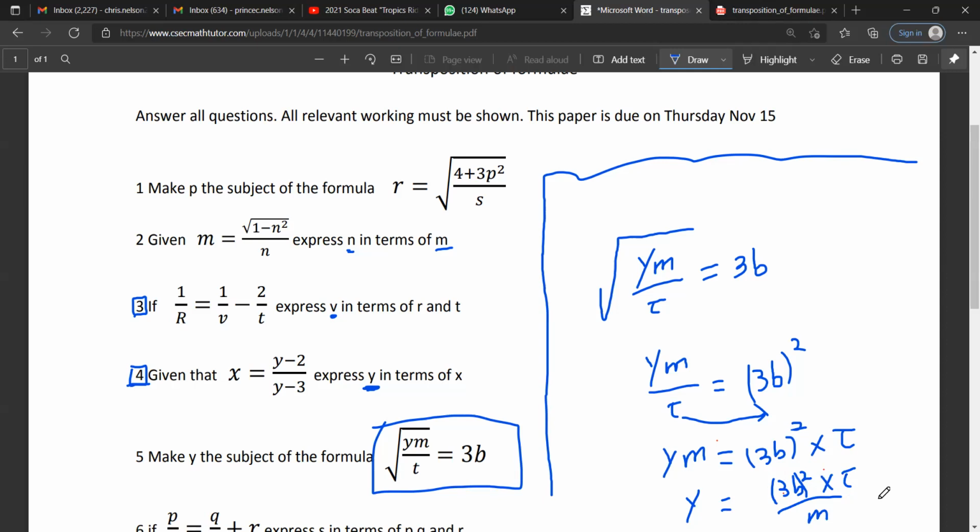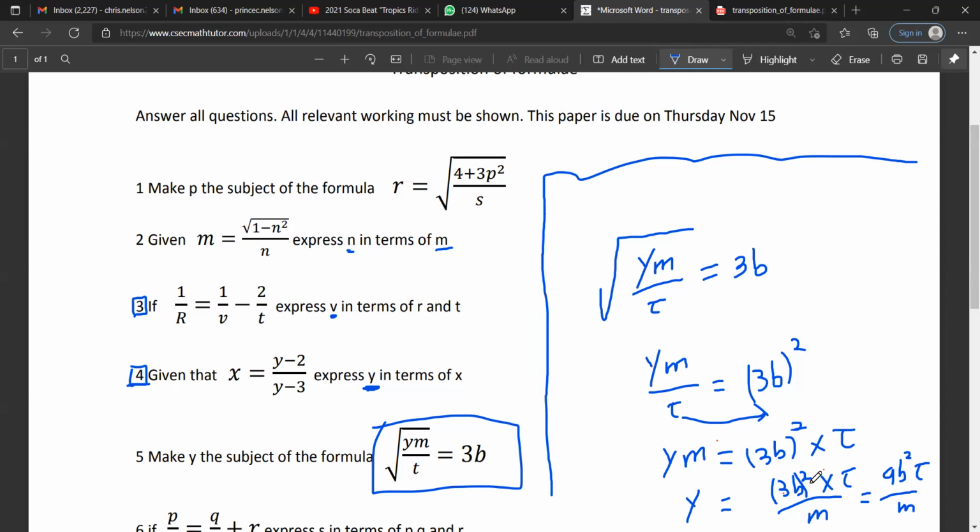You can put it like that, or if you want to extract the bracket from the square, it can be 3 square b square. 3 square is 9. You know that, right? So it could be 9b square t upon m.